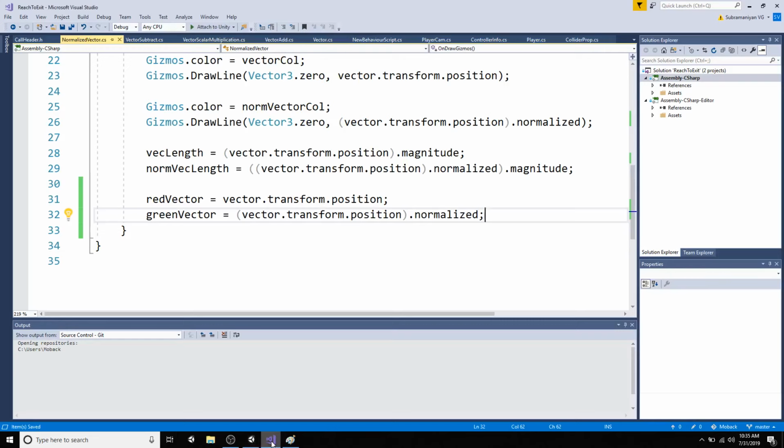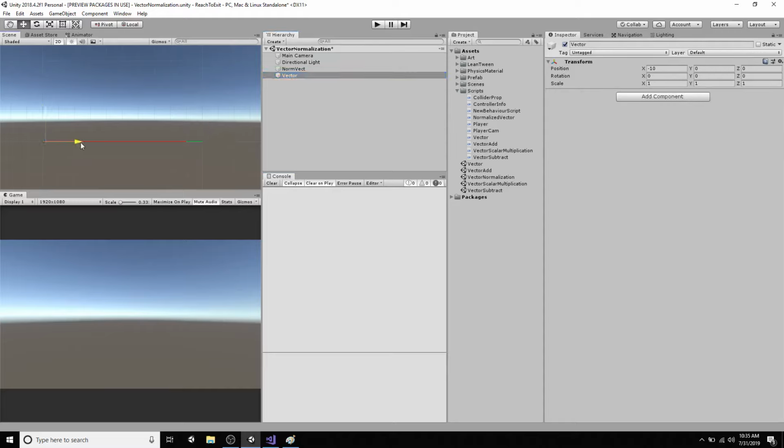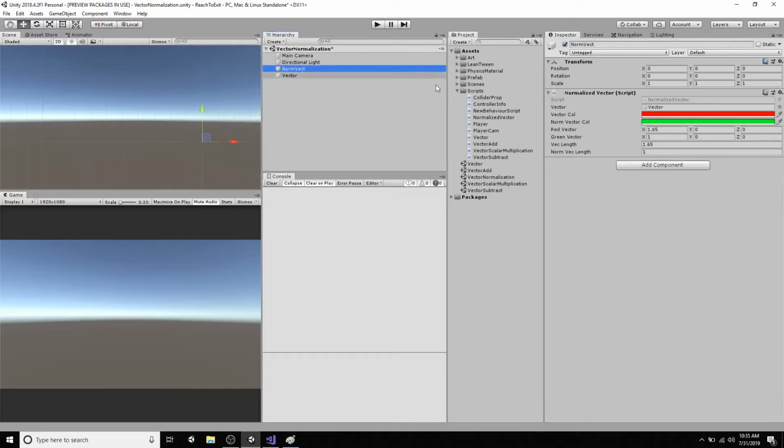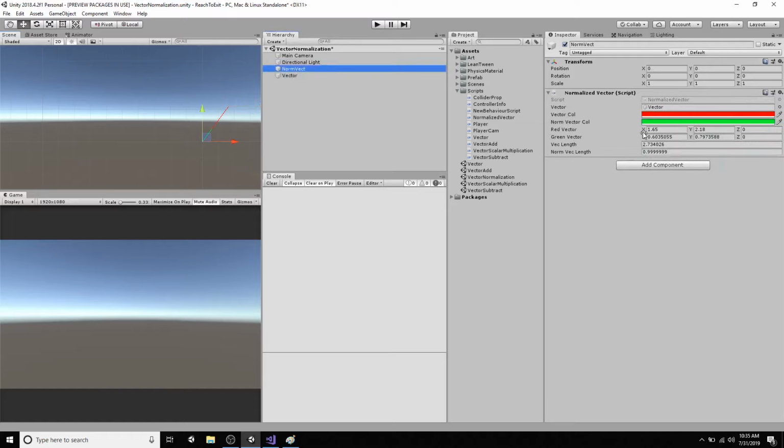Now if you see, the red vector is -10, 0, 0, whereas this normalized vector, that is the green vector, is -1, 0, 0. If I change this vector like this, anyhow, this normalized vector will always be in the range of -1 to +1 in the x-axis and y-axis.